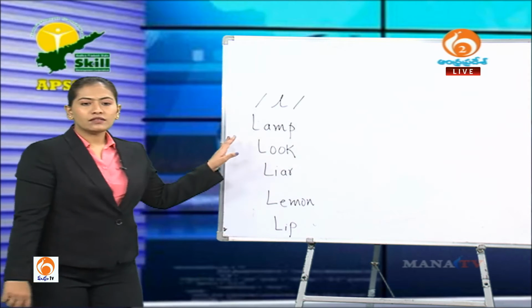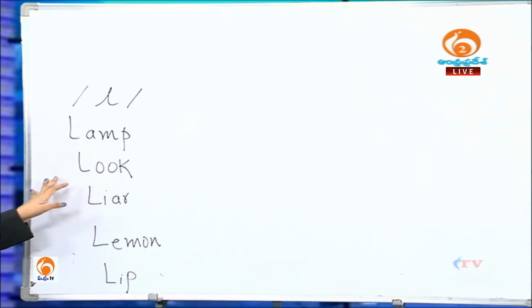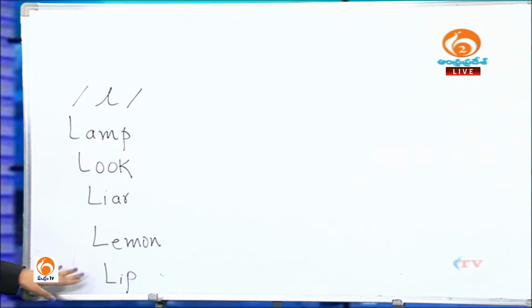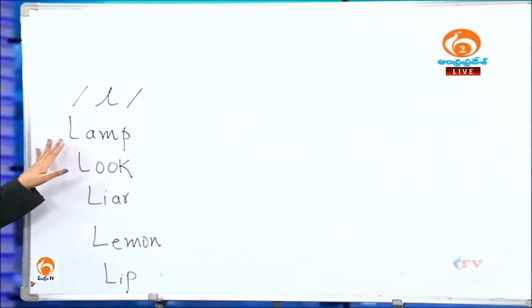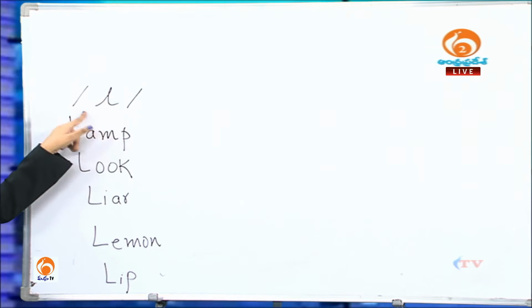So once again, lamp, look can be an example too, liar, lemon and lip. These are the examples that you are supposed to work on in order to understand the L sound. The L sound is represented with the L letter, as part of the phonetic alphabet writing.